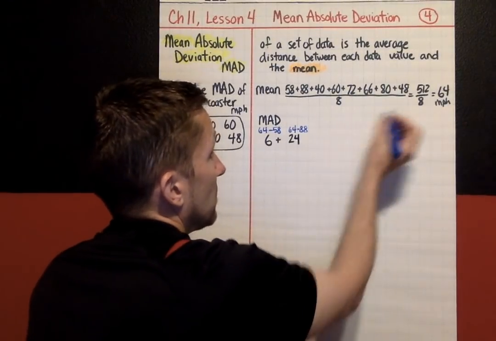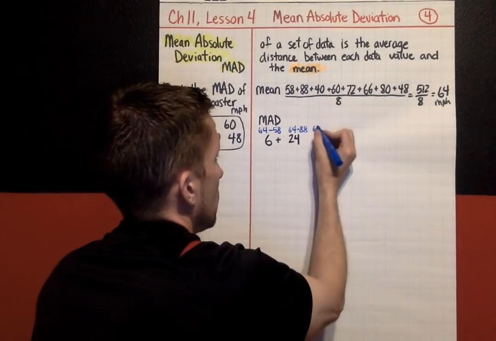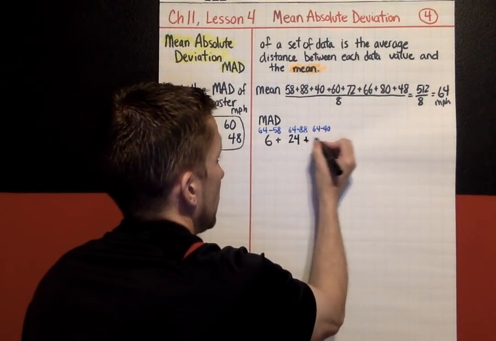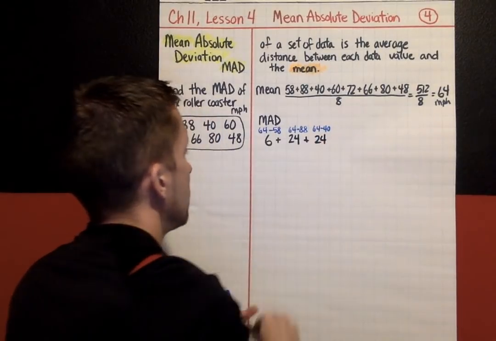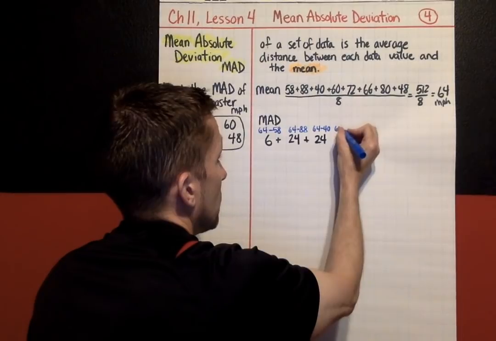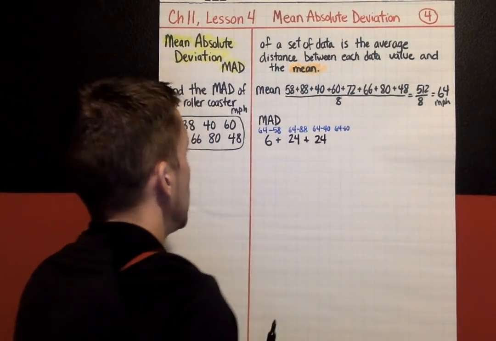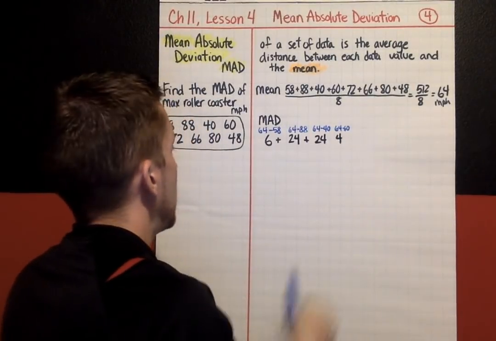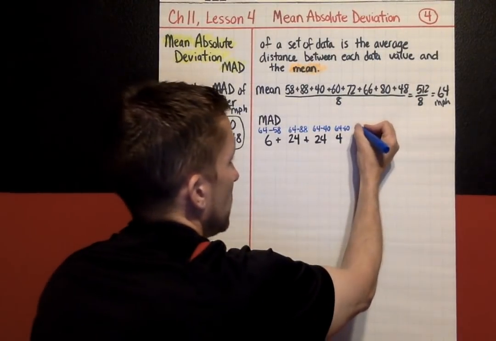So next, 64 minus 40. And there I get 24 again. Next, 64 minus 60. And there I get 4. Next, 64 minus 72.